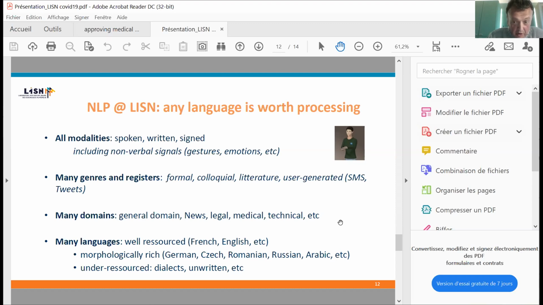So we are working a lot on language documentation with linguists who are going to Africa to document languages spoken by a few dozen people.